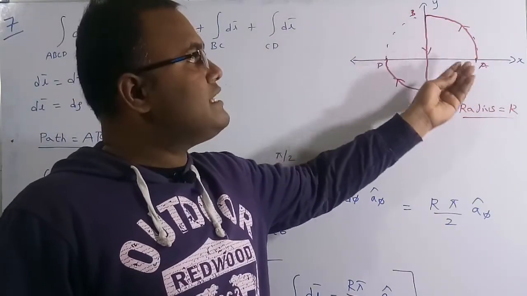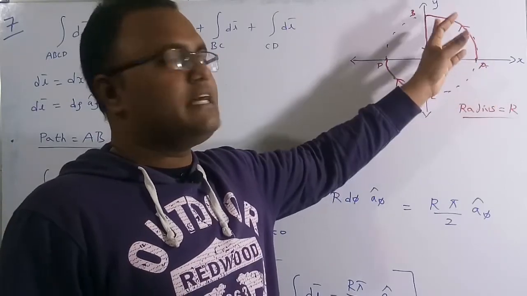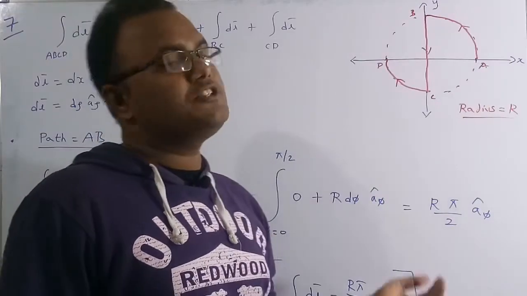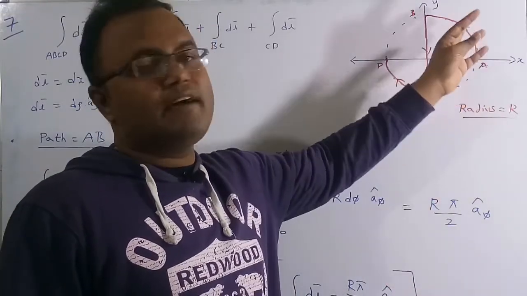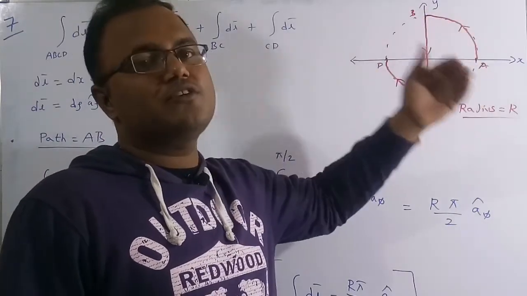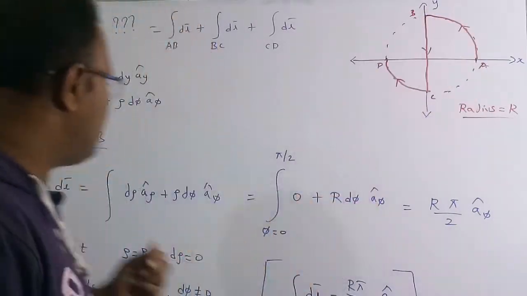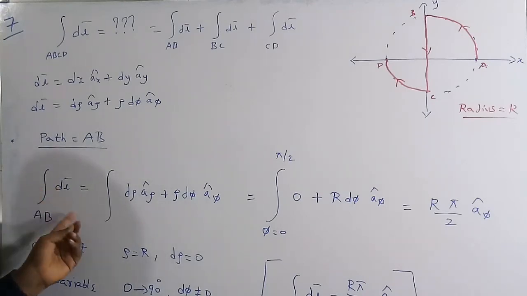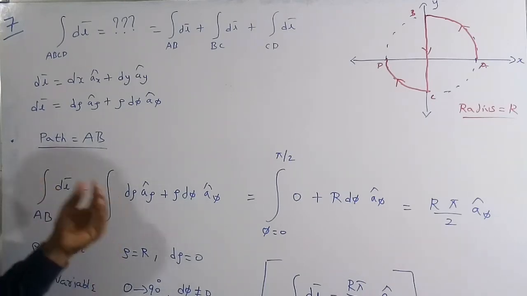That is the reason I prefer the cylindrical coordinate system for the path AB. So for the path AB, dl bar, I am going to use the cylindrical coordinate system because one variable is constant and the other is a variable.